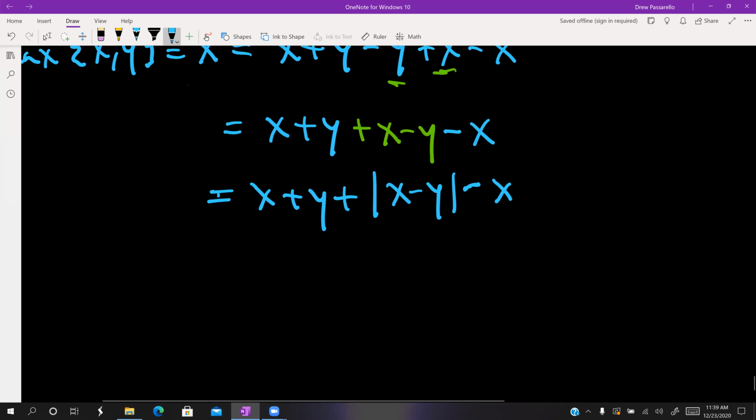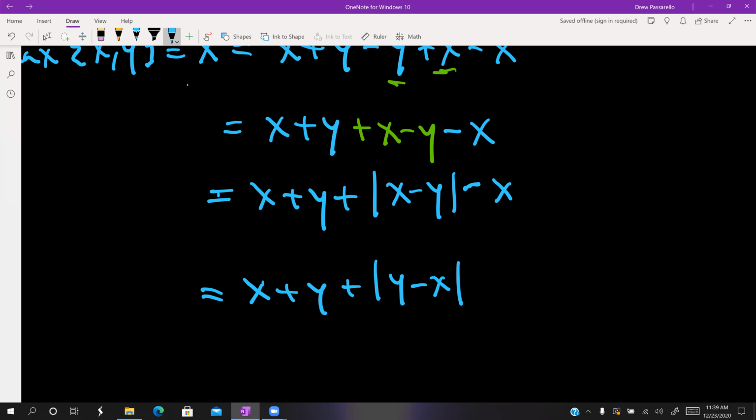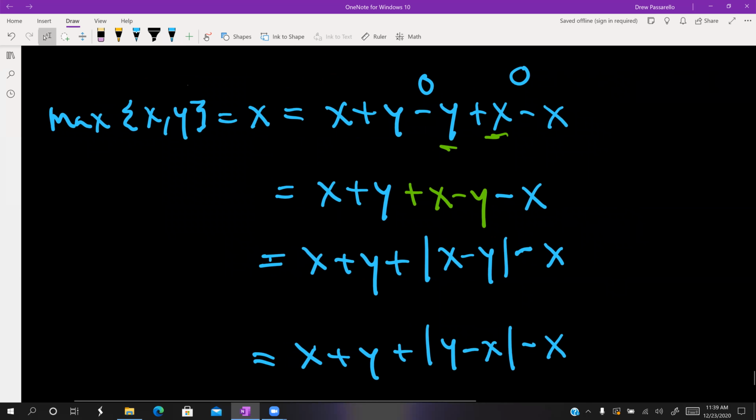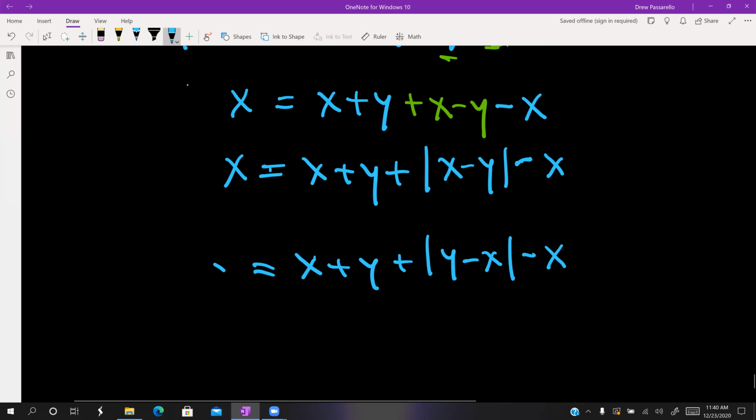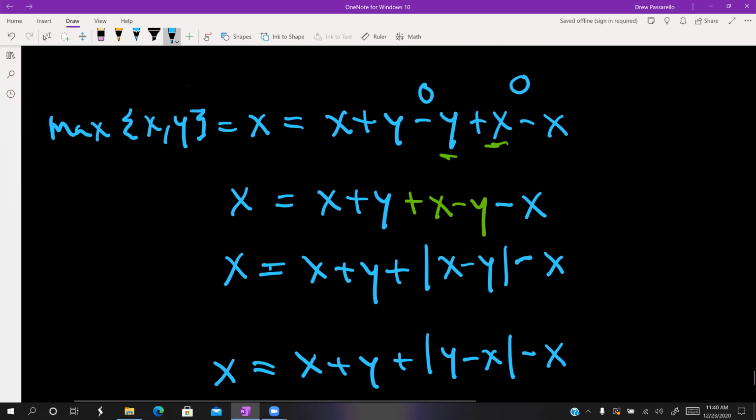That's equal to the absolute value of y minus x. And then I still have this minus x. So right now I have all of this. And again, the left side is really just max of x and y, which is x. So all of this is equal to x, which we know is the max of x and y.